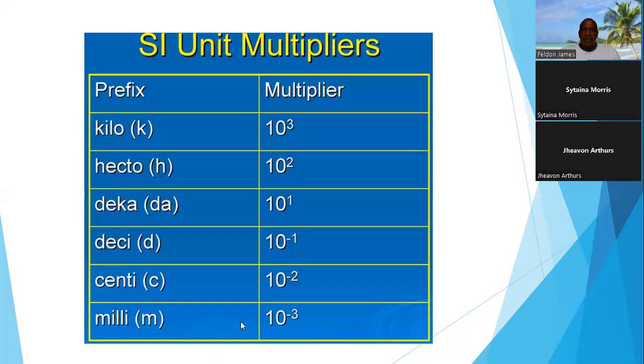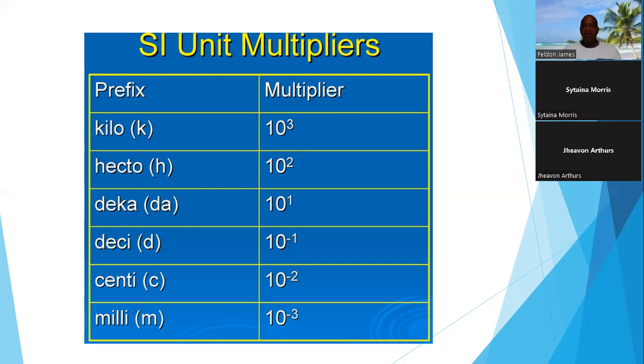The reason they want the same system is so that wherever you are as a scientist, if I have done an experiment in Jamaica using measurements of the SI system, another scientist in China can use the same measurement system and can actually see how I derived my answers, right?